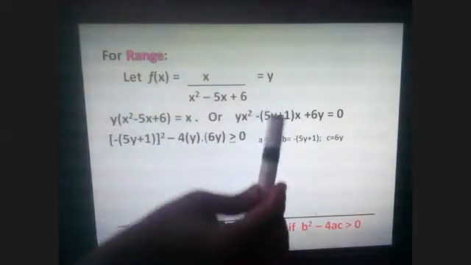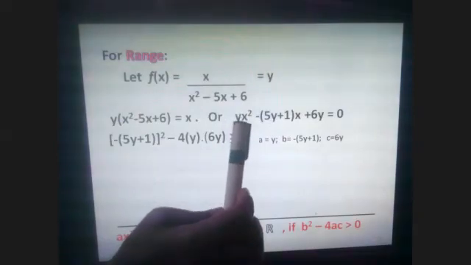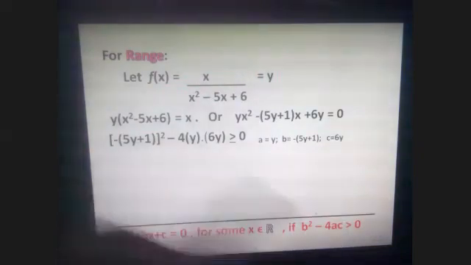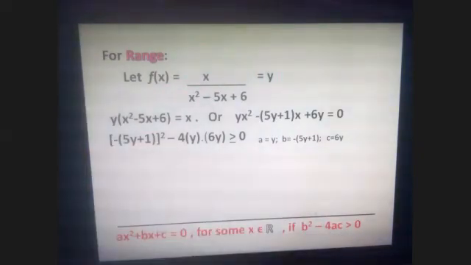Considering this as a quadratic in x, keeping y as a constant, ax squared plus bx plus c equal to 0. If this is satisfied for some x value, that means this quadratic equation has a solution. This quadratic equation has a solution only if the discriminant b squared minus 4ac is more than or equal to 0.